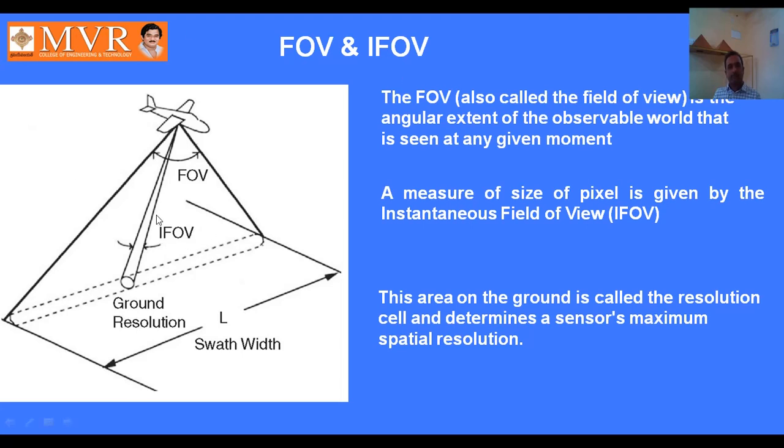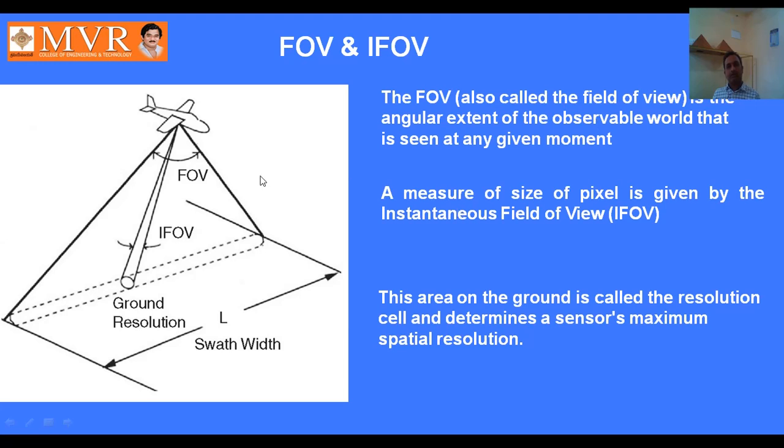At a particular instant of time it detects a single pixel or single element. The field of view means it scans the entire ground, with incident radiation at the edges. The angle between these incident rays at the edges is called the field of view, but the scanning of a single pixel is the instantaneous field of view.